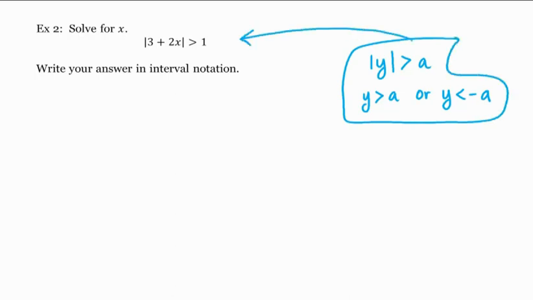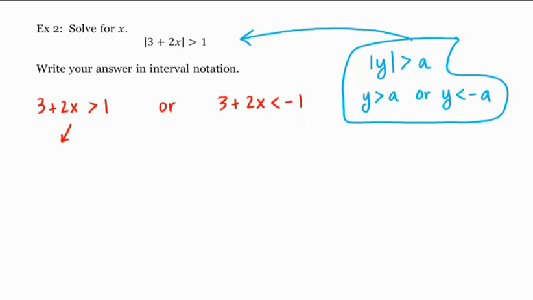And this is what we're going to apply here. And this gives us that 3 plus 2x is either greater than 1 or 3 plus 2x is smaller than -1. And now when solving this type of compound inequality, we work with each side separately.